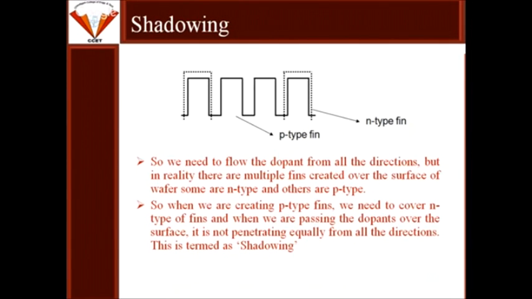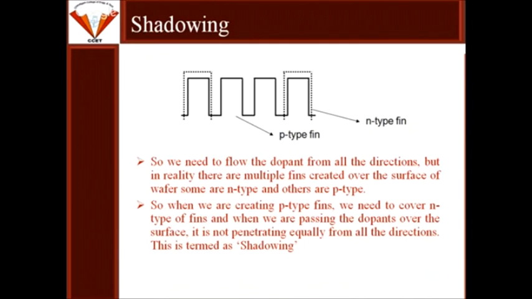But because of the shadowing from nearby fins, we need to flow the dopant from all directions, while in reality there are multiple fins created over the surface of the wafer, and some are N-type and some P-type. When we are creating P-type fins, we need to cover the N-type fins so that their dopant concentration does not change, and because of that they act like a shadow.